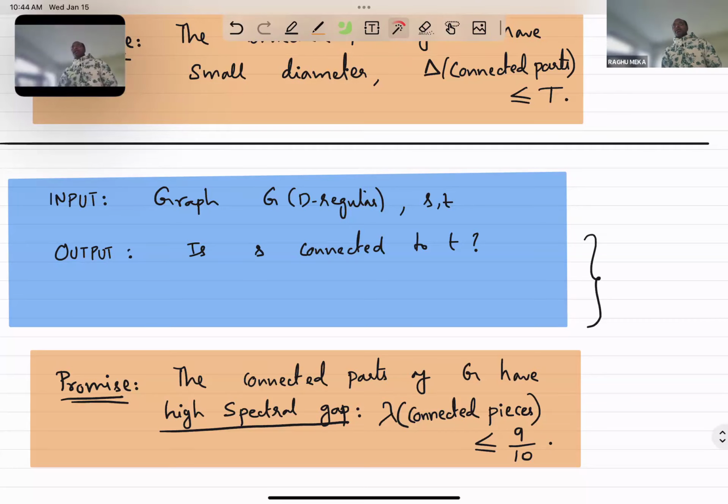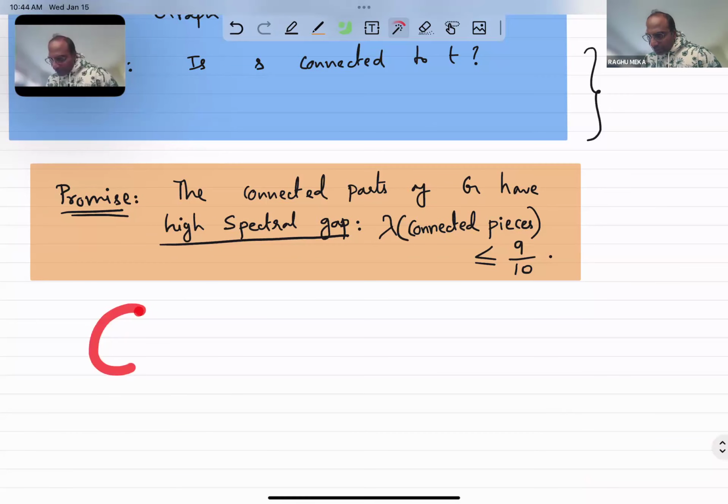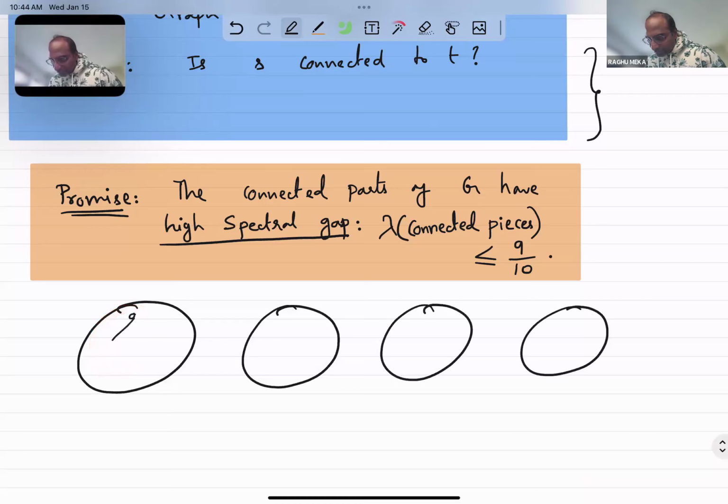Okay. So what is this guarantee saying? This is saying that maybe my graph has these different pieces. My S vertex is somewhere here.